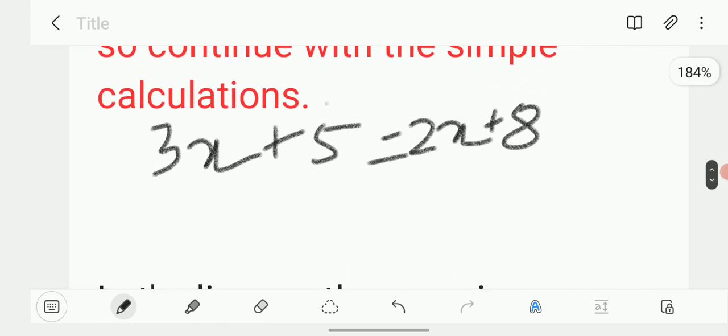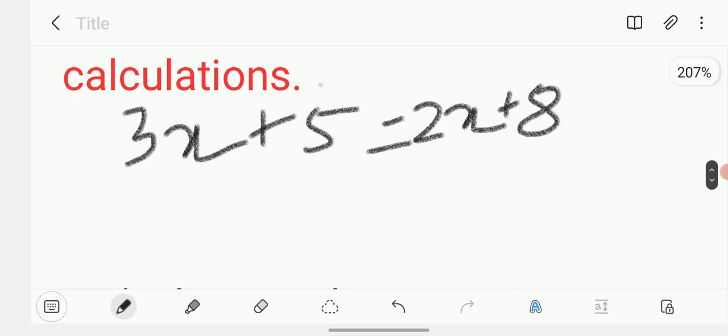If this is your equation, see here two sides are there. 3x plus 5 is the LHS, left hand side, and 2x plus 8 is the right hand side, and in between there is an equality sign, then it is an equation. Next, as I said, first you should understand the variables. Here the variable terms are 3x and 2x, and constants are 8 and 5.